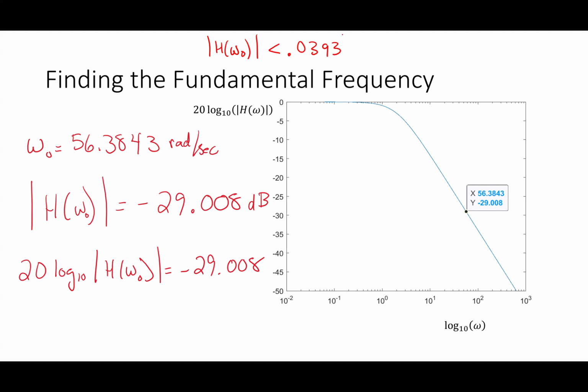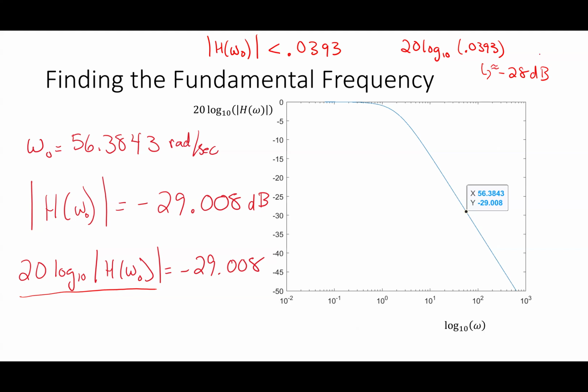Because this graph is done on this scale, which we call the decibel scale, what I do is take 20 log10 of 0.0393 and figure out what that is. That works out to be around -28 dB.